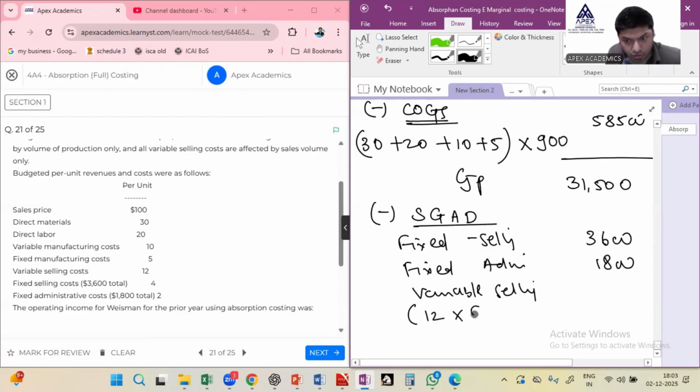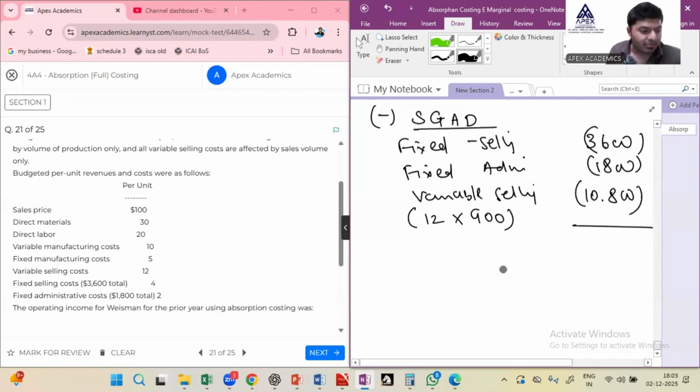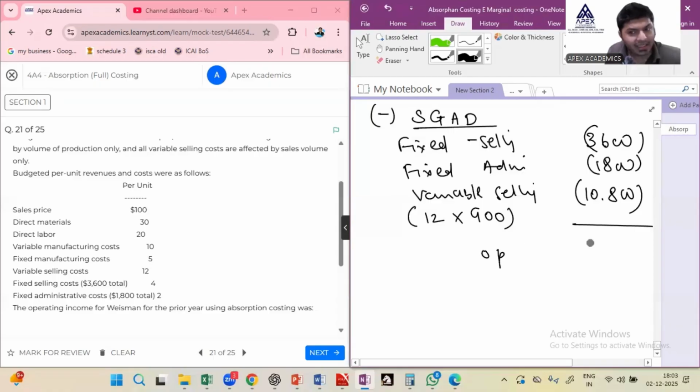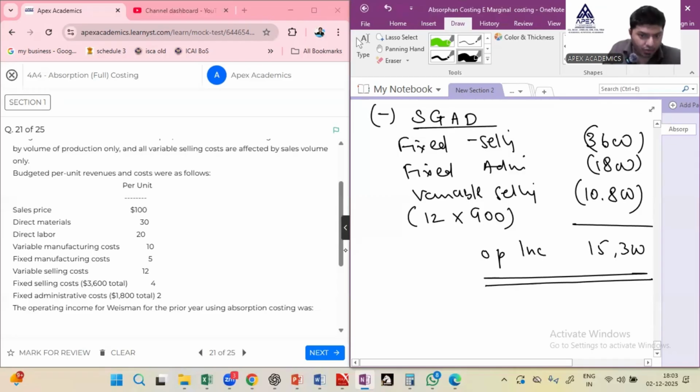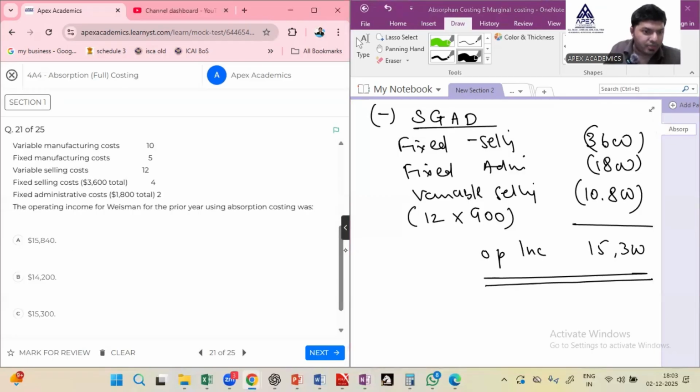For how many units sold? Obviously, it's dependent on units sold, so that's 900. So this is 10,800. These costs have to be subtracted from my gross profit, leaving me an operating income of 15,300. Therefore, my answer over here is going to be option number C, 15,300. With this, question number 21, a very simple question comes to an end.